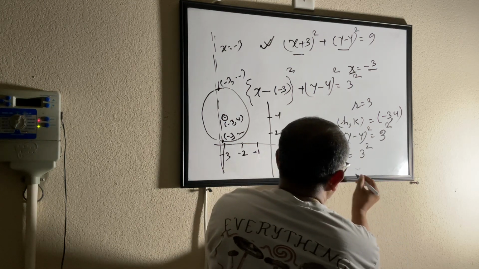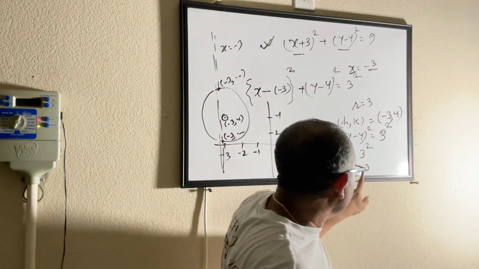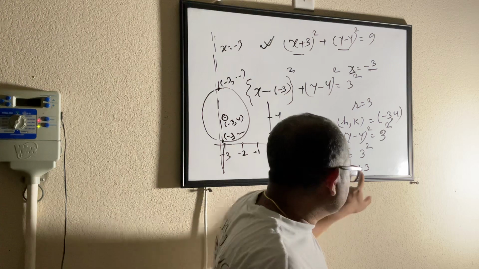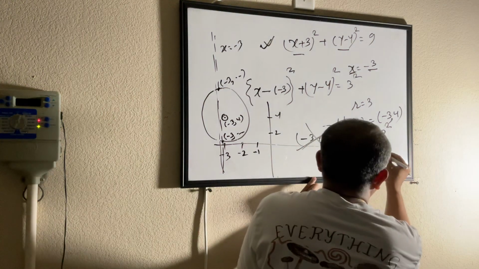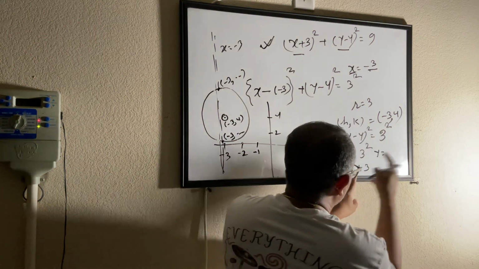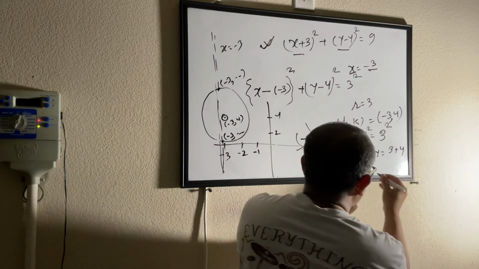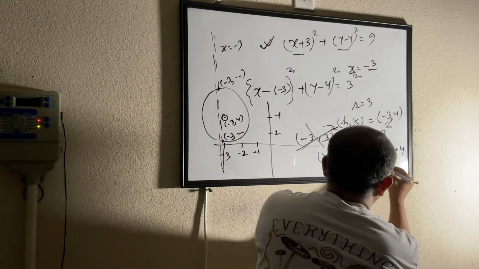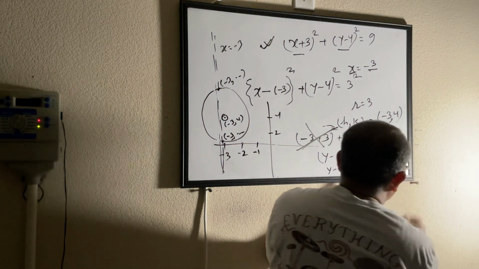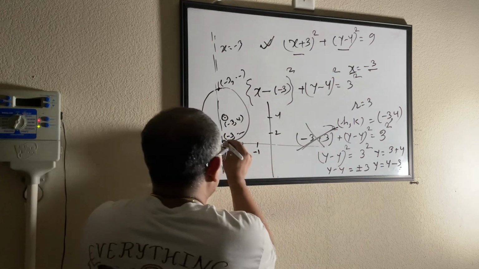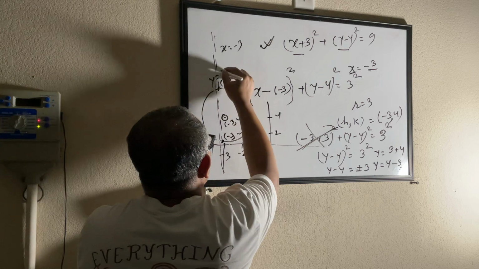So y minus 4 equals plus and minus 3, because minus 3 square gives you a 9, plus 3 square also gives you a 9. So you have two answers for this. When you take the plus scenario, y becomes 3 plus 4. When you take the minus scenario, minus 4 goes to that side, becomes plus, and then you have minus 3, which is 1. So y has two possible values: y equals 1 and the other one y equals 7.